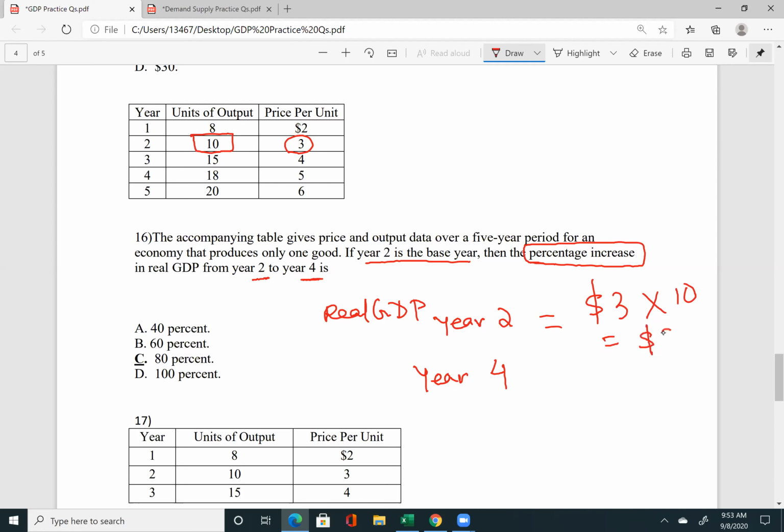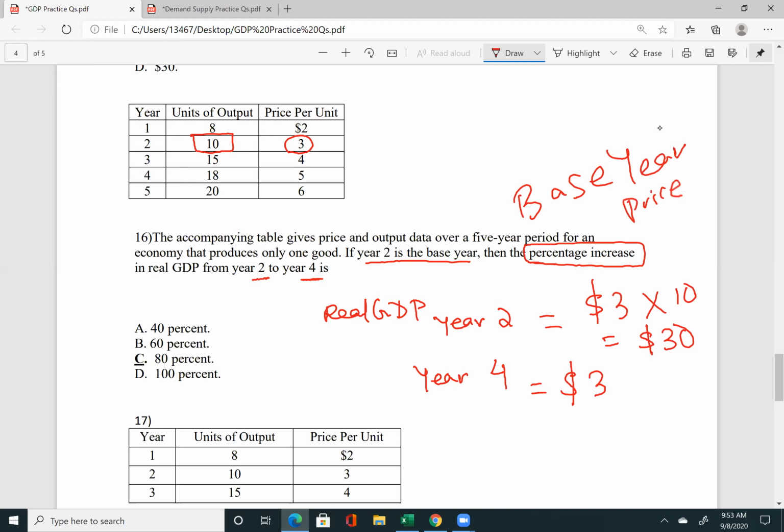This is equal to 30. Now the real GDP in year 4, I'm going to again use the year 2 price because that's the base year price. No matter which year I'm calculating, I'm always going to use the base year price.